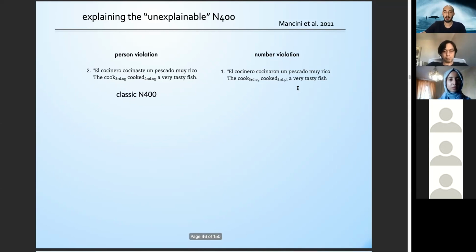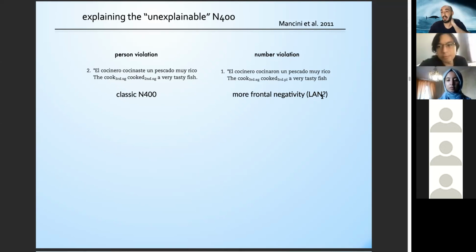Okay? And they found N400 for person violation compared to a more frontal negativity, a LAN-like effect for number violation, singular versus plural, okay?